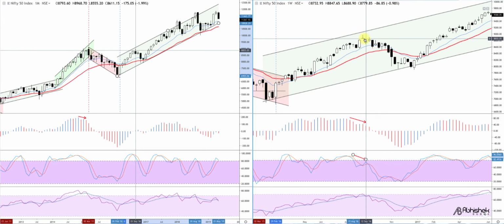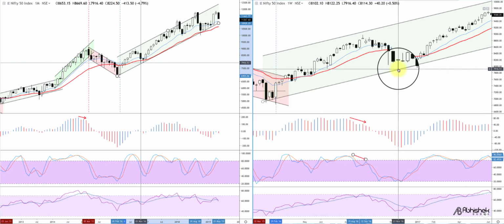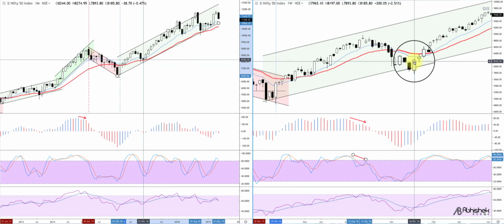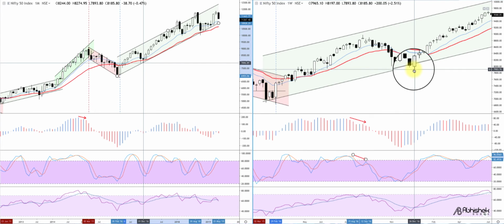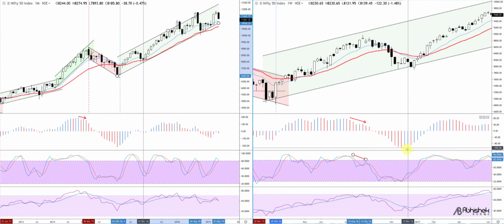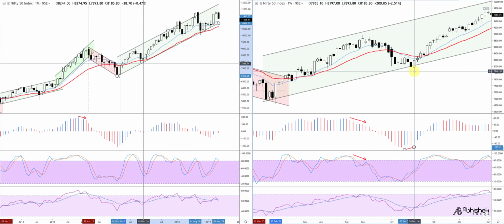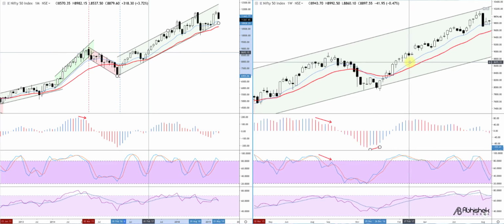It comes down after a shooting star, falling till the bottom of the channel. You got a doji here, and you've got an engulfing bull from the same support point. Okay, you see there's a bullish divergence in the MACD as well. So you re-enter long here, enjoy the long run.